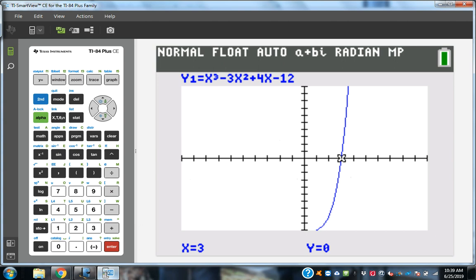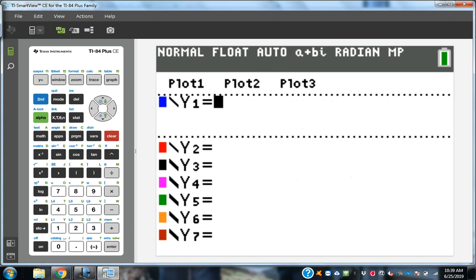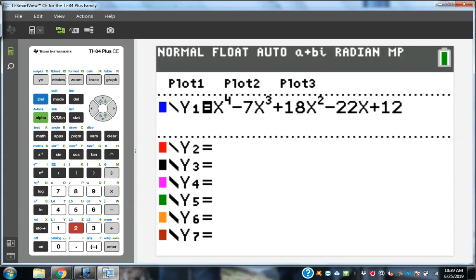So y equals, clear that out, x to the 4th minus 7x to the 3rd plus 18x squared minus 22x plus 12.